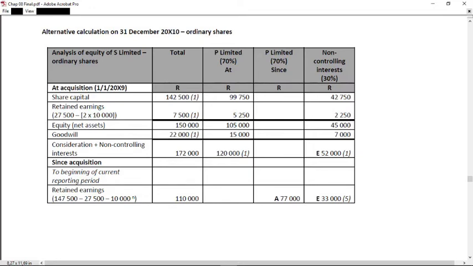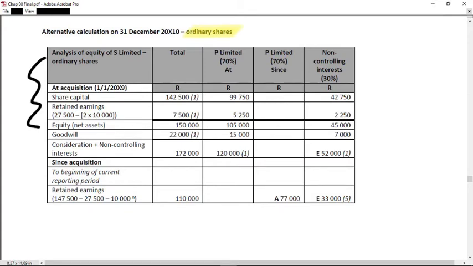This is the ordinary share analysis. The at acquisition section I'm not going to look at. We discussed that when we did the at acquisition consolidation journal entries. What I just want to point out is all the decisions we made on the timeline, we also make on the analysis.